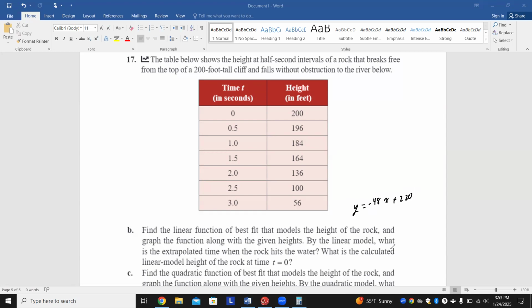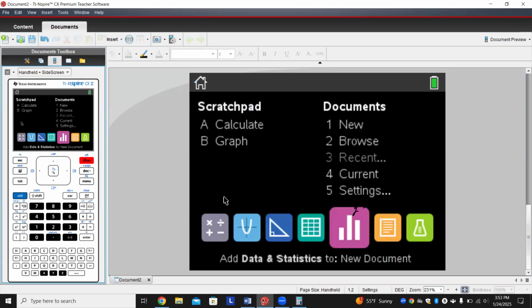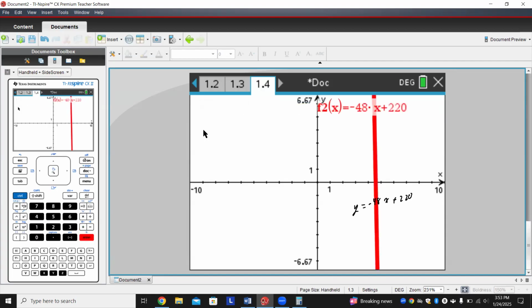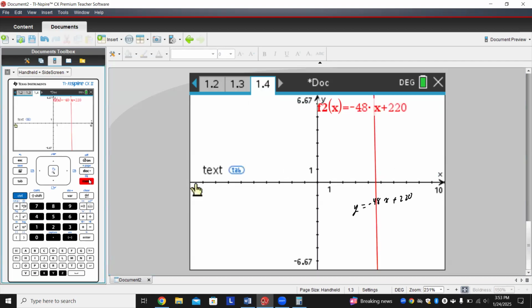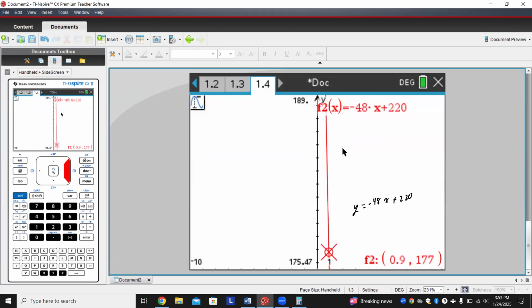So basically, when will it hit the water? You can take that equation, and you're trying to figure out at what time. So just go back to graph, and you'll type that equation in. So that's negative 48x plus 220. And then just do menu, trace, graph trace, and you're just trying to find the x-intercept.